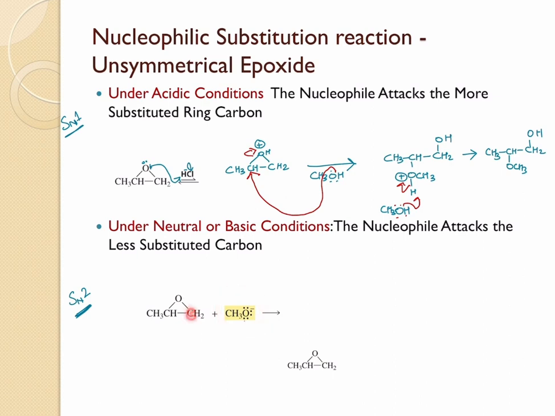Between these two carbons, which one is less substituted? This is the carbon that is less substituted, and therefore this nucleophile is going to attack this carbon and it will break open this ring.